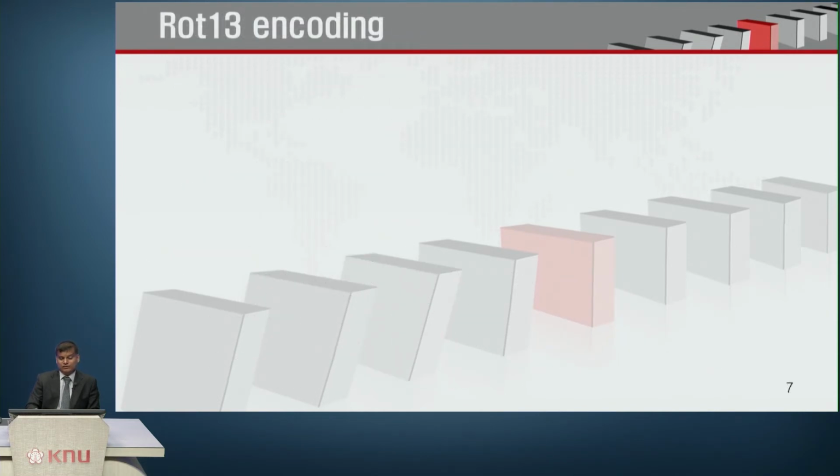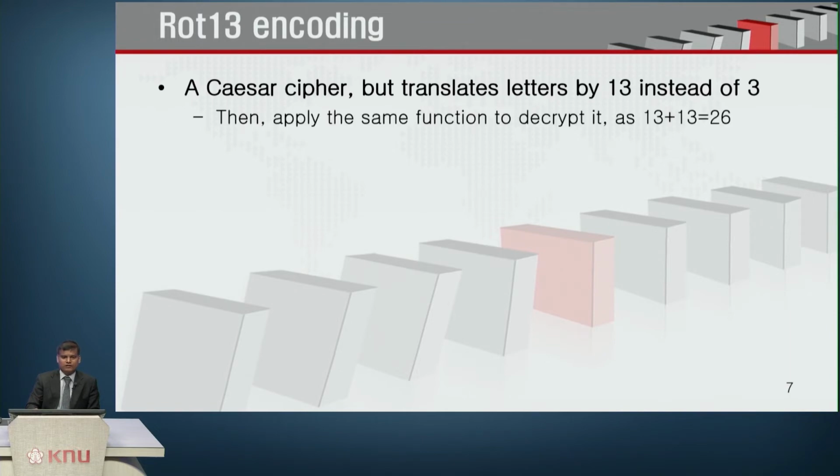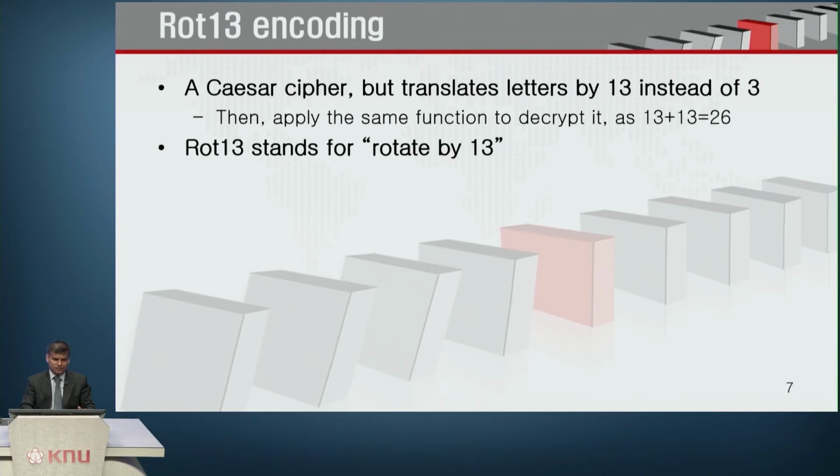Even if you want to use it for other purposes, say cryptography or simple logic in your programming, you can still do it. So Caesar cipher can translate letters by 13 instead of 3. For example, 13 plus 13 is 26. So ROT13 stands for rotate by 13.